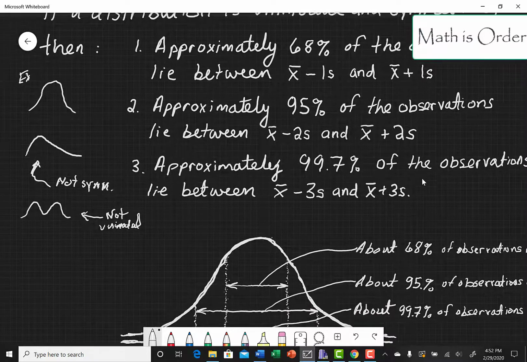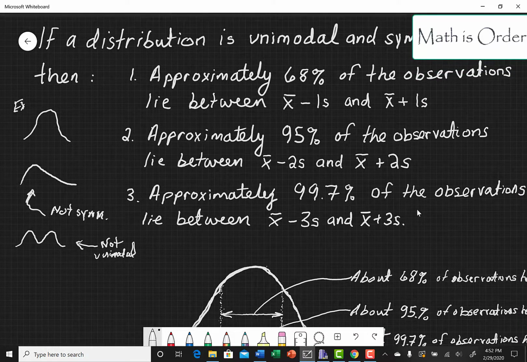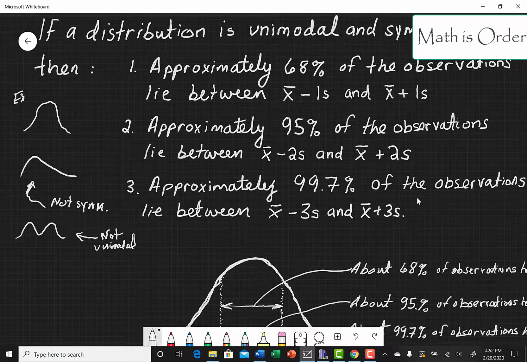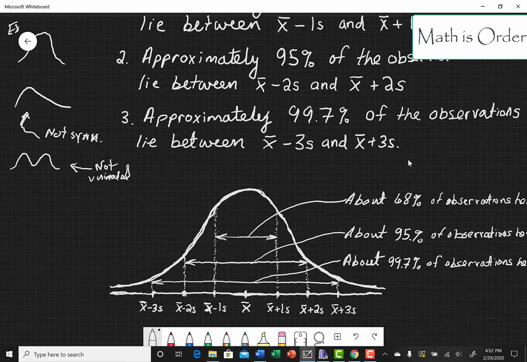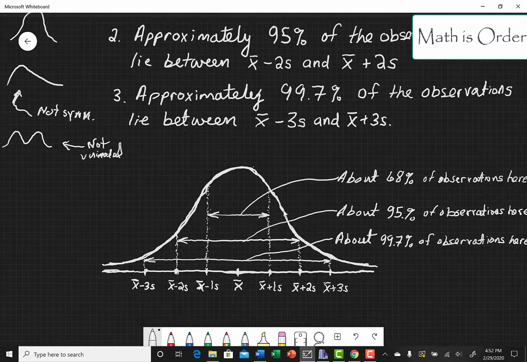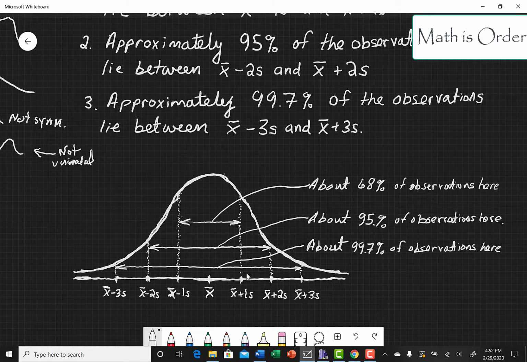All right, and what does this mean? Let's make a picture of this statement. So here we've got our bell-shaped curve, and this is all of the distribution. In other words, these are all of the observations made.